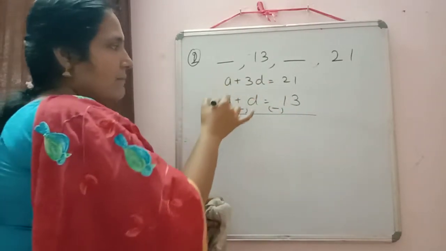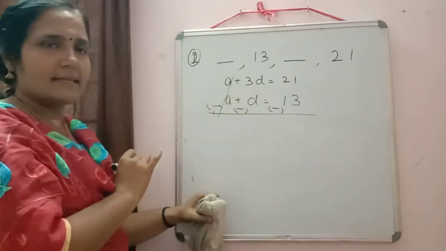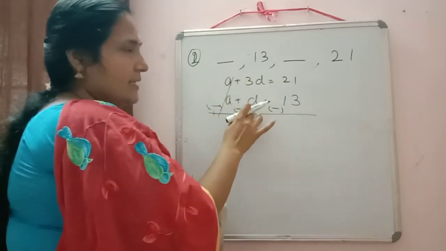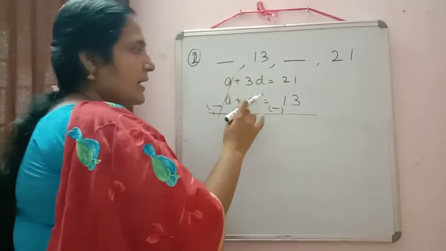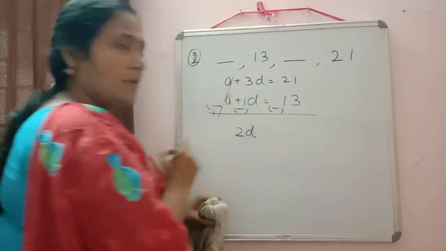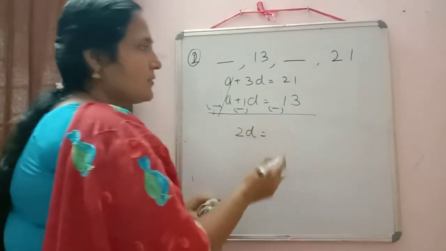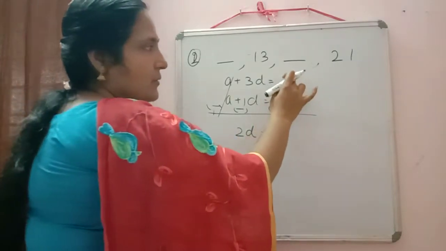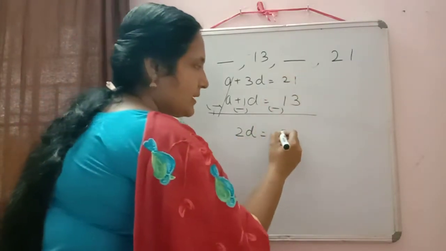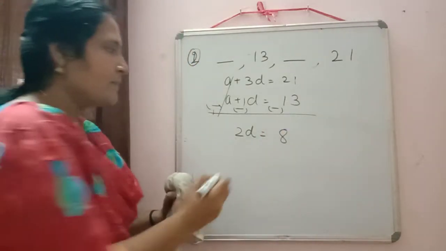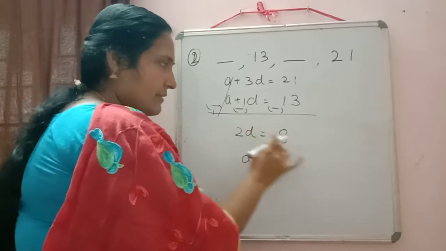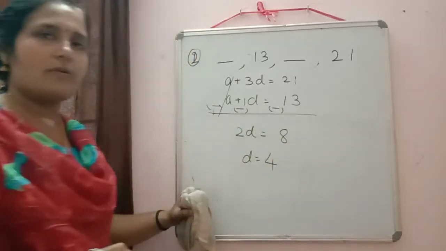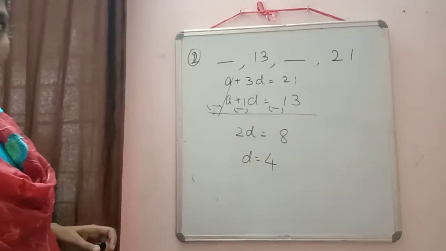So here A minus A will get cancelled. 3D minus D. If nothing is there means there it is 1. So 3D minus 1D will be equal to 2D, equal to 21 minus 13, which is 8. So from here we will get the value of D as 8 divided by 2, 4. So we got D is equal to 4.